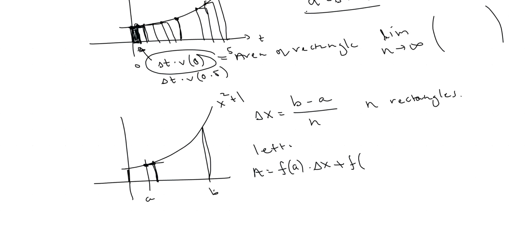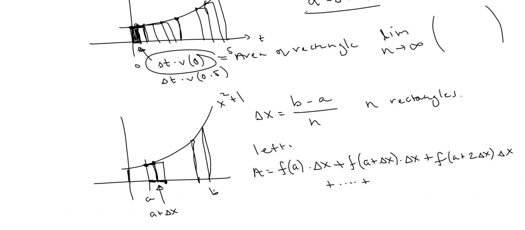If this is delta x, then this point is just a plus delta x, times delta x, plus. Likewise, this point will be a plus 2 delta x. We can keep doing that until we get to the one right before b, which will be n minus 1.